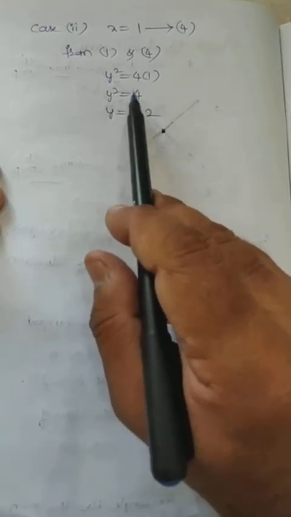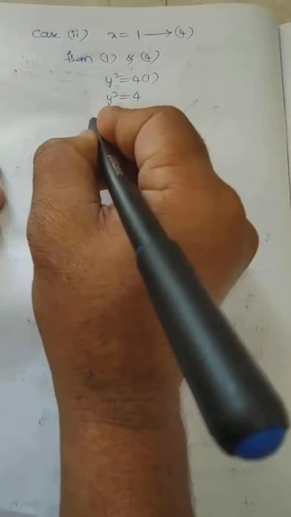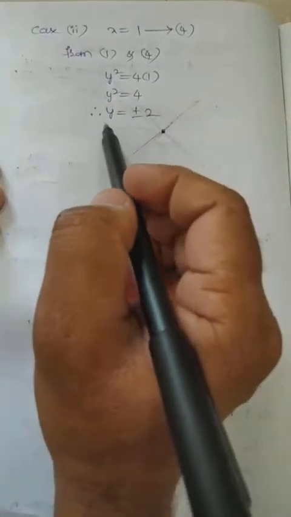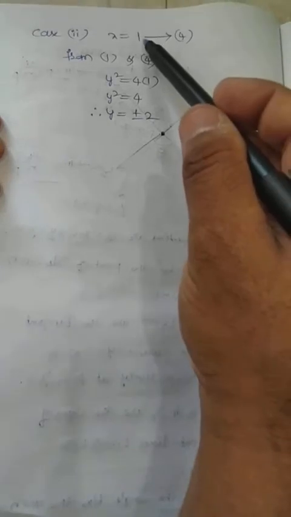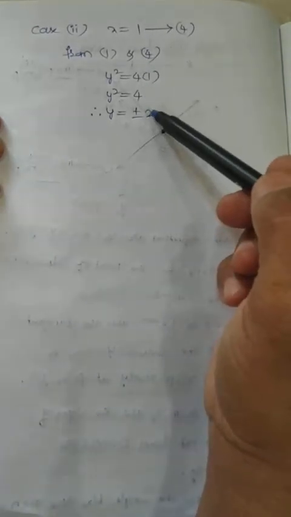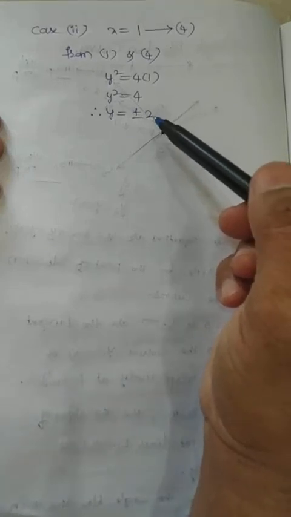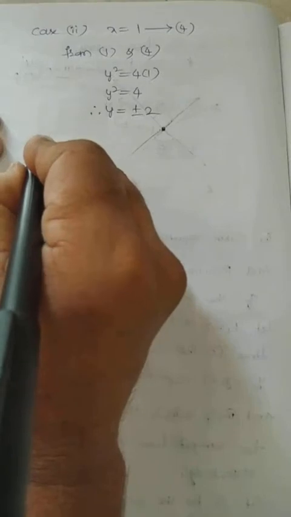So y square is equal to 4. Therefore y is equal to plus or minus 2. For the corresponding value of one x coordinate, how many y coordinates are we getting? 2. So we are getting 2 points.